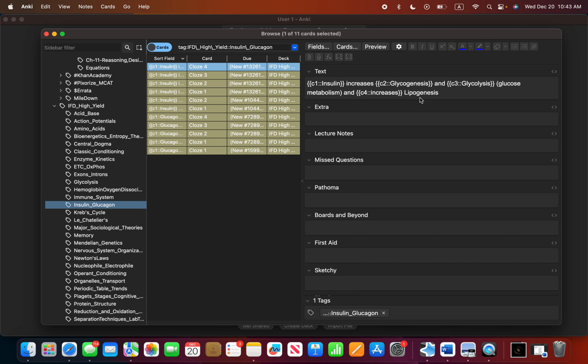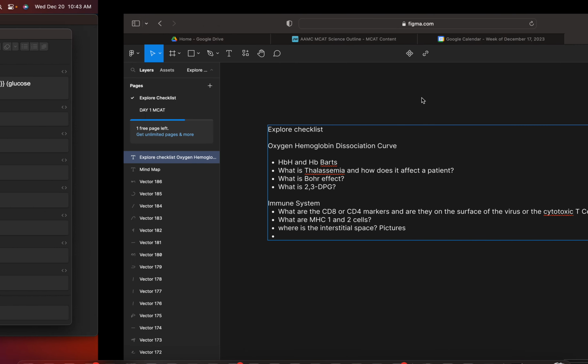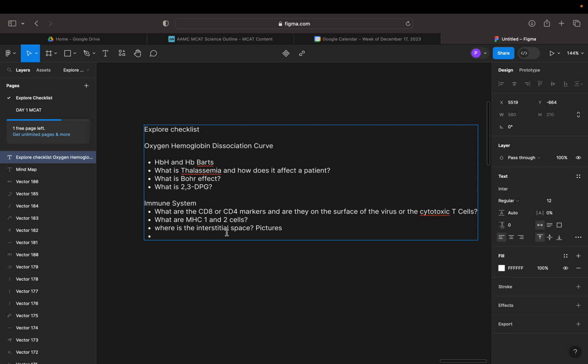And we know that lipogenesis is creating fat, right? Generating fat. We'll make sure that we get that correctly. So then we have insulin and glucagon. What is lipogenesis?